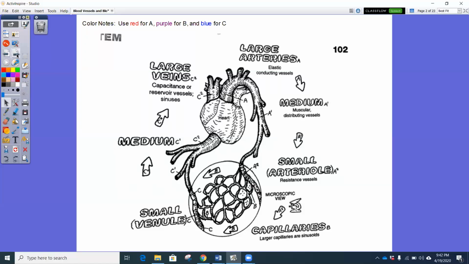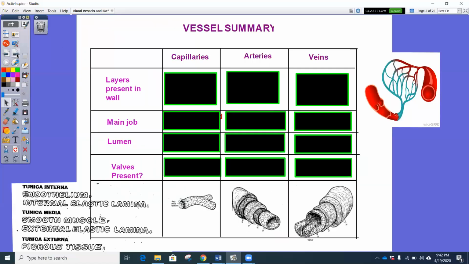Alrighty, so let's look at what you actually have in your packet. So we're going to start with, let's start with capillaries. Okay, capillaries are often called capillary beds. I probably refer to capillary networks.